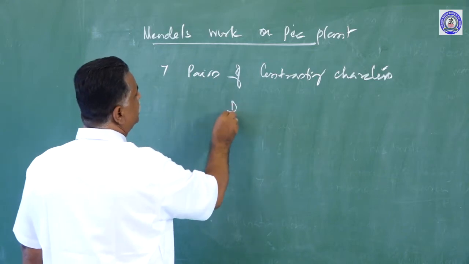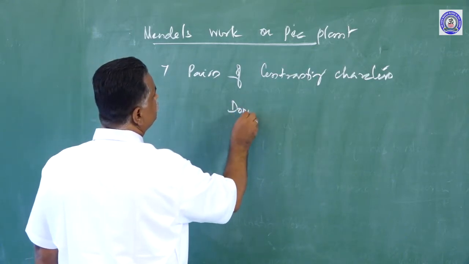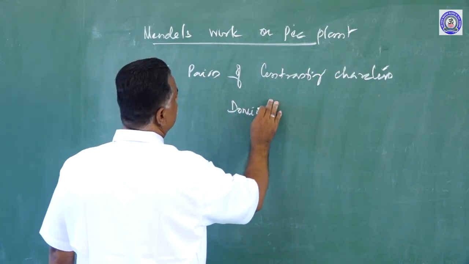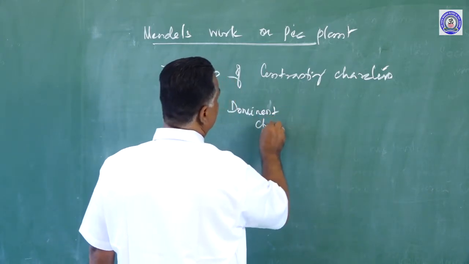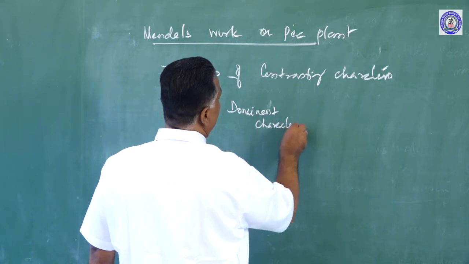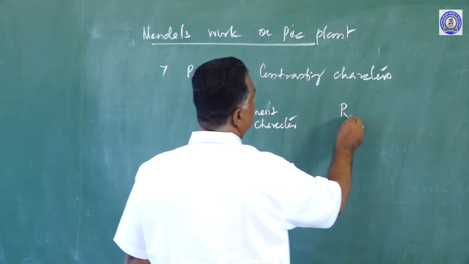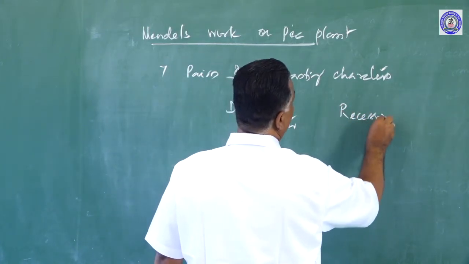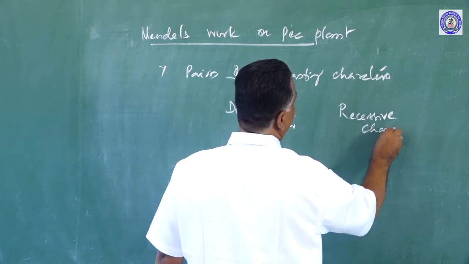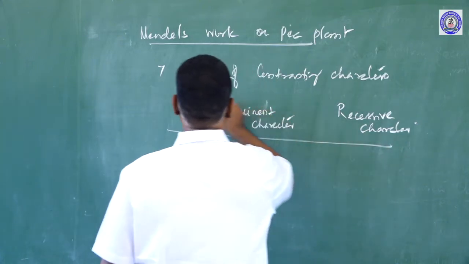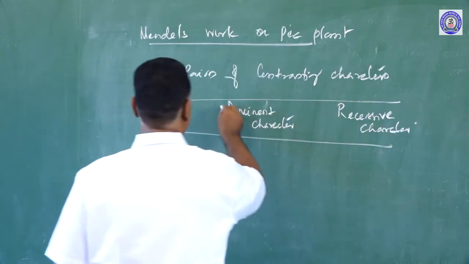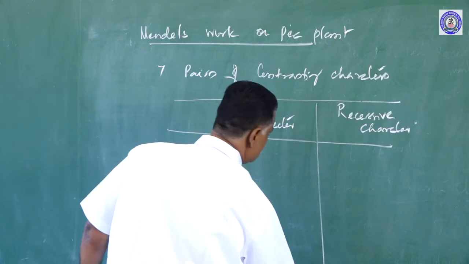One is a dominant character, and another is a recessive character. There are 7 pairs of characters, dominant and recessive character.